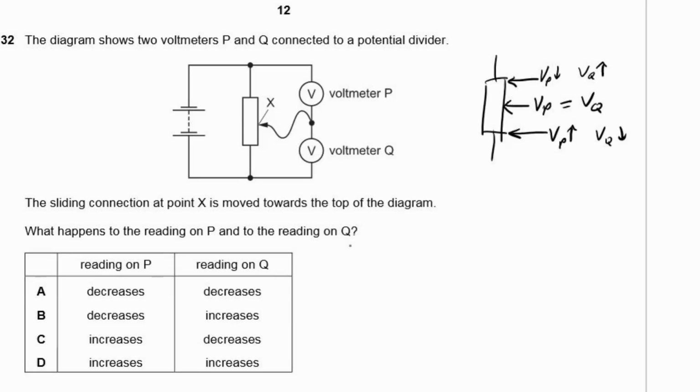Alright, so what corresponds to that? We're moving towards the top, so we expect a low reading on P and a high reading on Q. So, low reading on P, so it's decreasing, that's possible. And on Q we want to see an increase, so we expect it to be answer B.